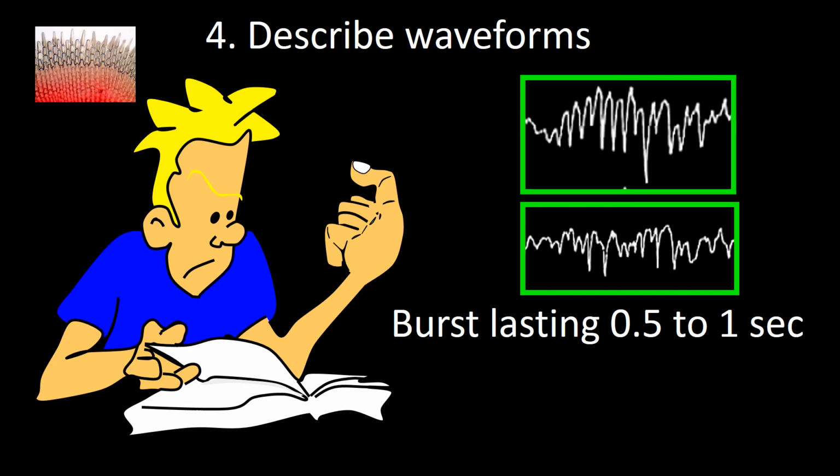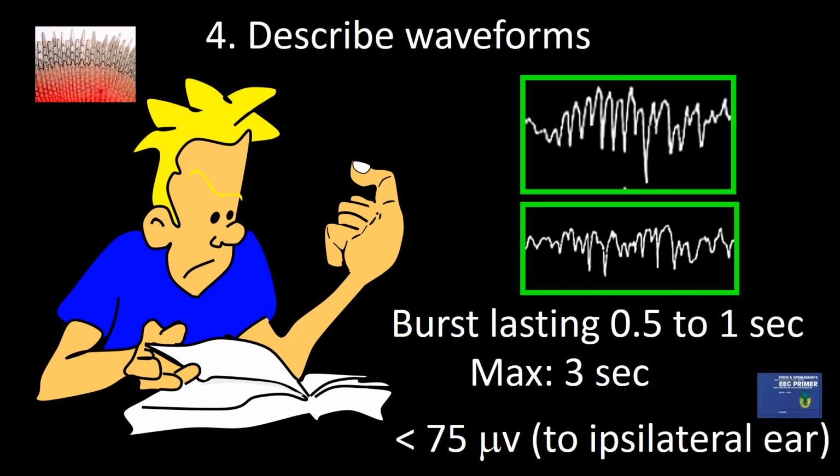Most bursts last less than 1 second, and all last less than 3 seconds. The amplitude of the tallest component, when measured from the temporal region to the ipsilateral ear, should be less than 75 microvolts.